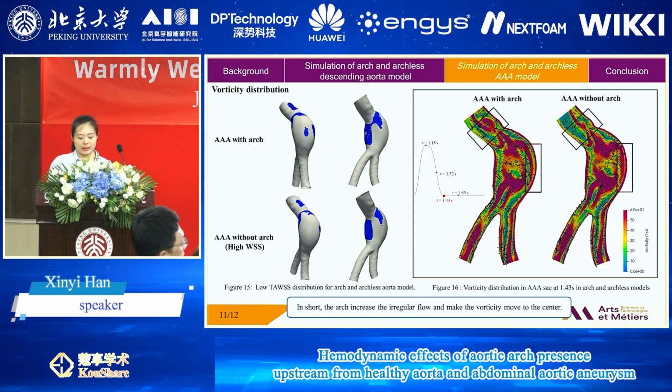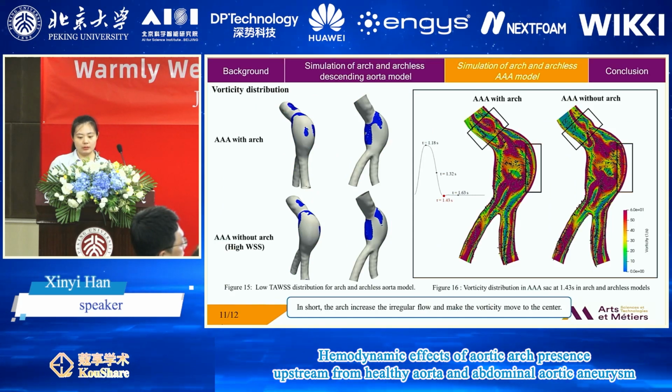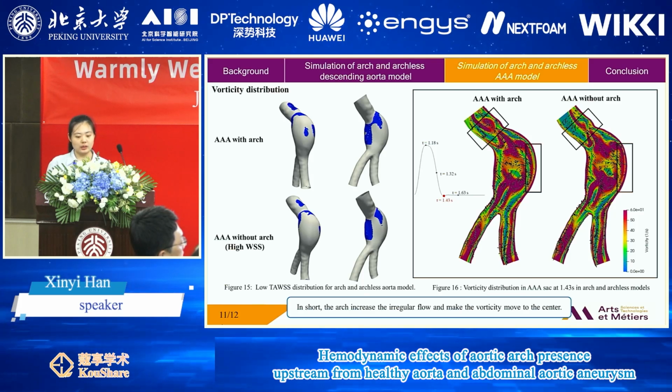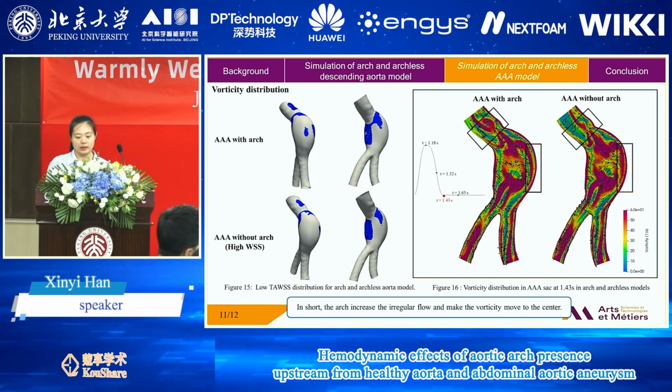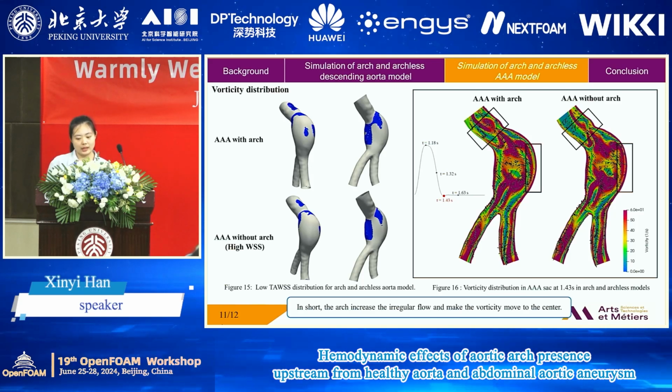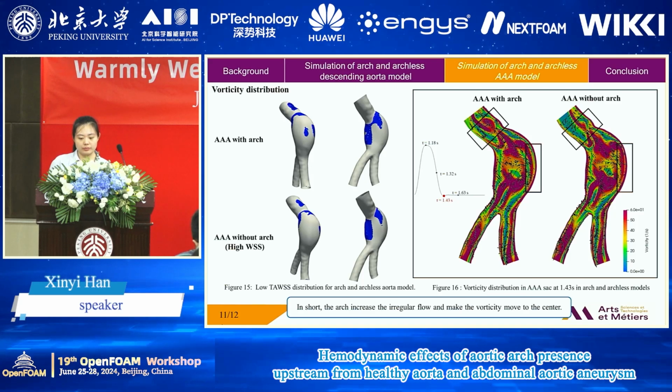In order to understand the reason of low time average wall shear stress distribution, I analyzed the vorticity distribution in aneurysm sac at 1.43 seconds in arch and archless model. The arrow indicated the direction of velocity.